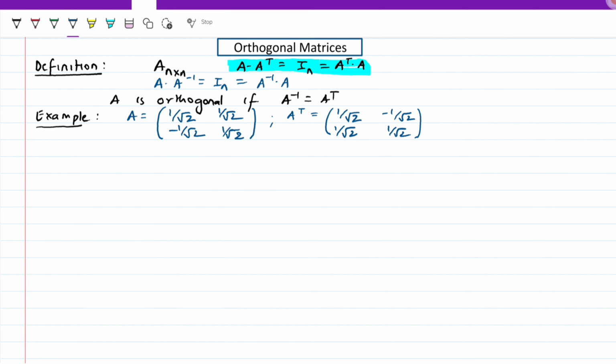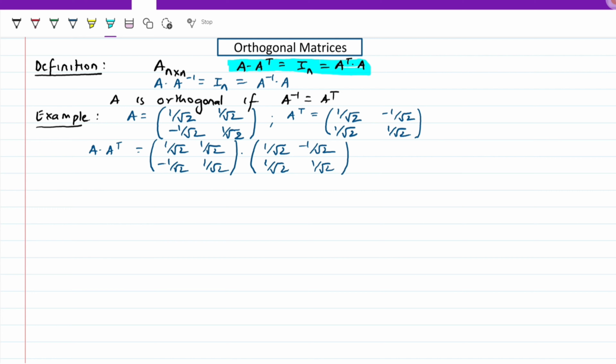Now let us take the product of A with its transpose. So this is going to be 1 over root 2, 1 over root 2, negative 1 over root 2 and 1 over root 2 times 1 over root 2, negative 1 over root 2, 1 over root 2 and 1 over root 2.